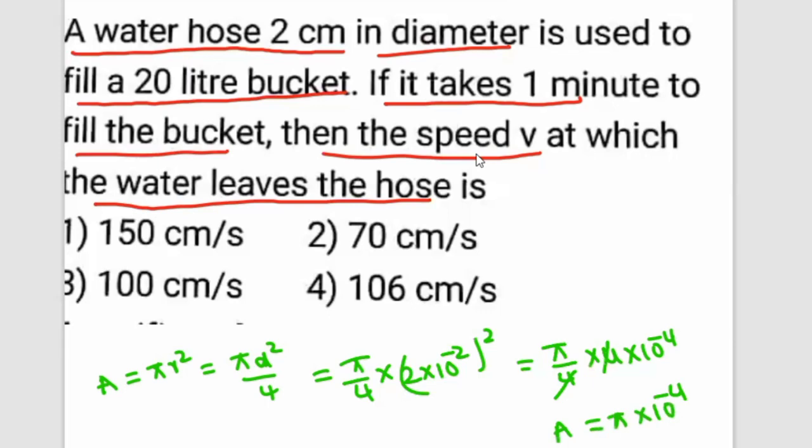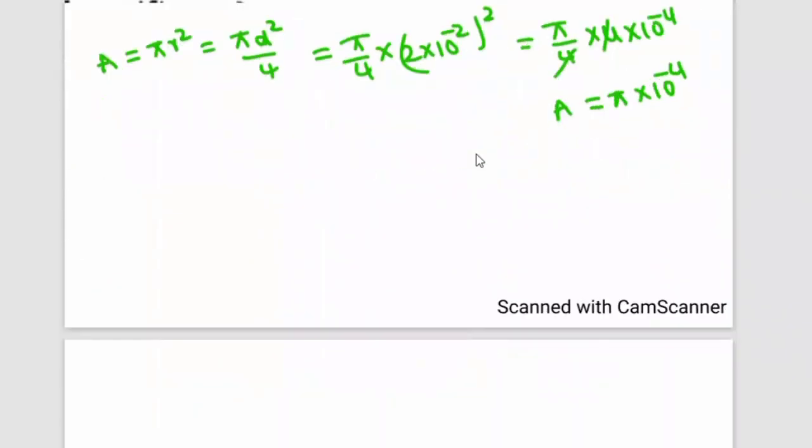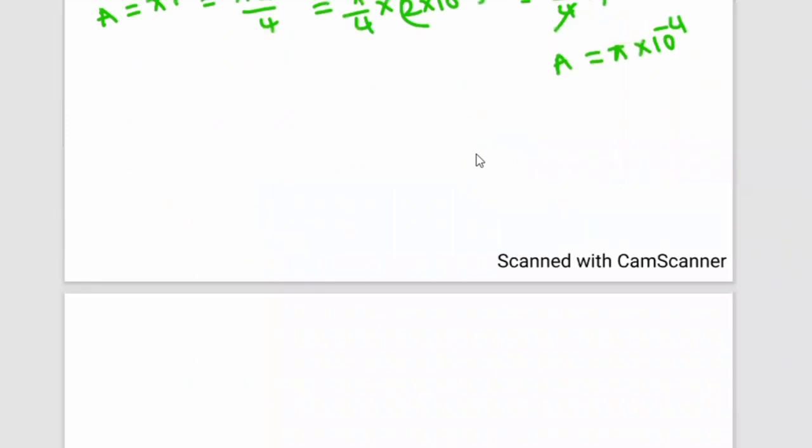They're saying it is used to fill a 20-liter bucket if it takes 1 minute to fill the bucket. So time taken is 1 minute. The total volume of the bucket is 20 liter. We need the speed v at which the water leaves the hose. So first of all, we take how much rate of flow is there.